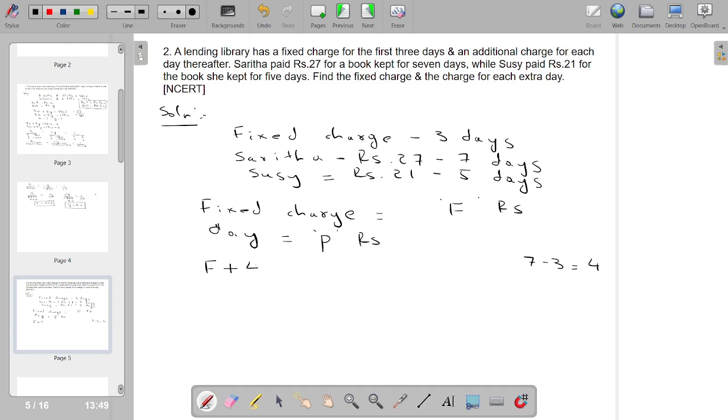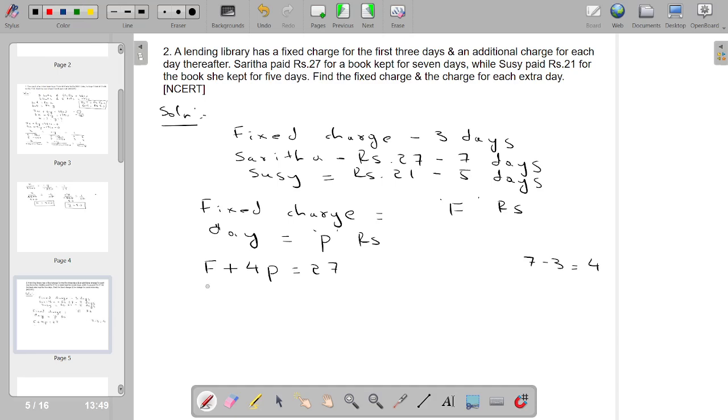For 4 days, how many rupees did she pay for every day? P rupees. F is the fixed charge plus 4 additional days at the price per day P is equal to how much she paid? Overall 27 rupees.